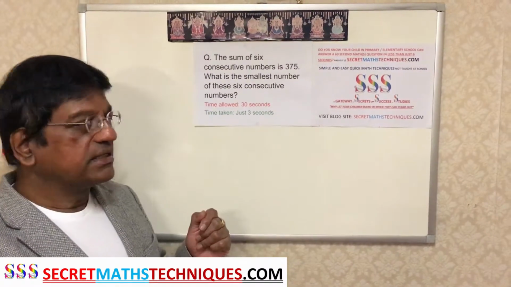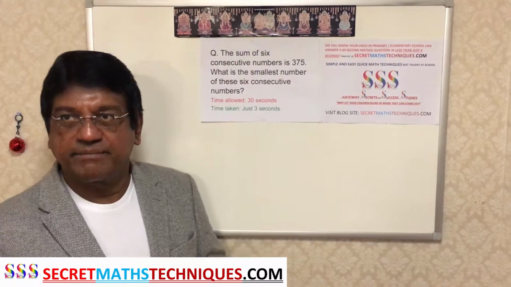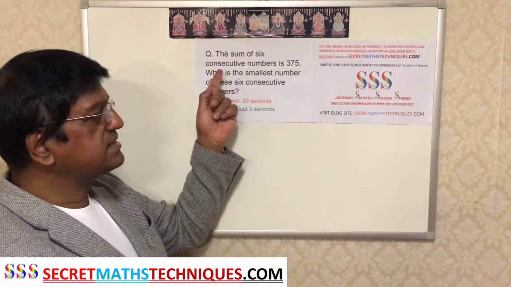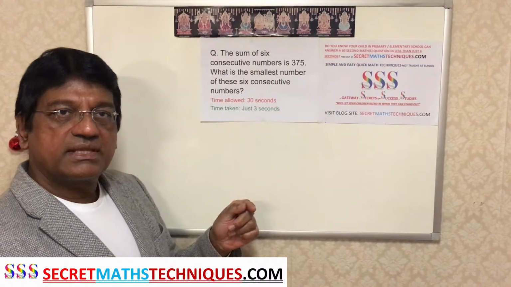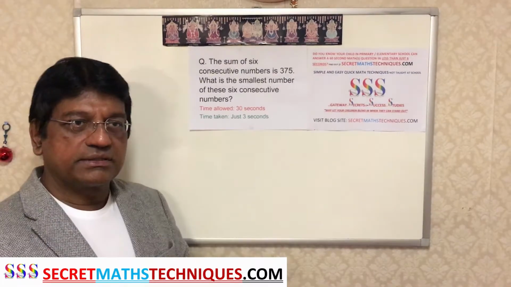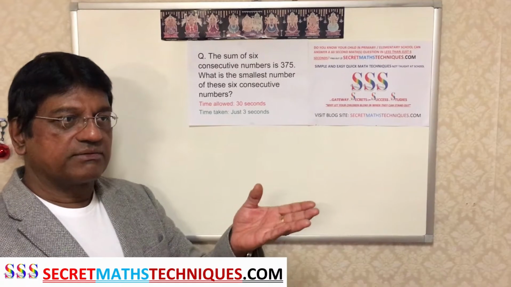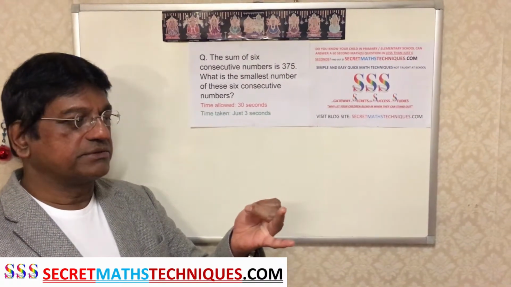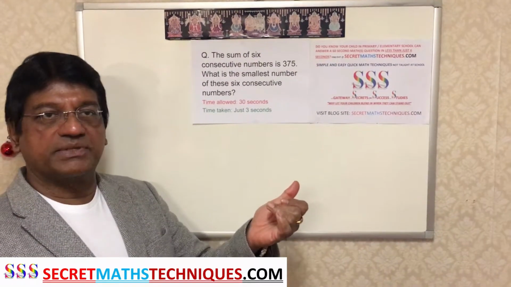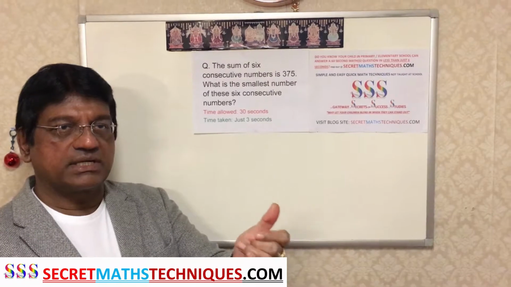So let's start with going through the question. The question says the sum of 6 consecutive numbers is 375. Children, you know what consecutive numbers mean, like 40, 41, 42, 43, 44, 45 is 6 numbers, which are consecutive, one after the other.